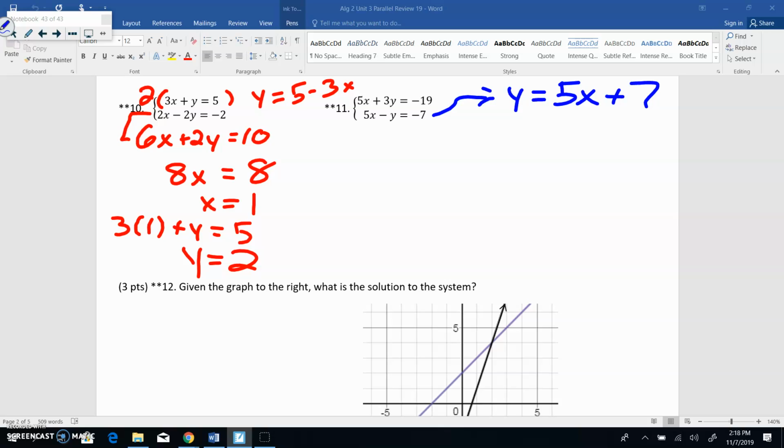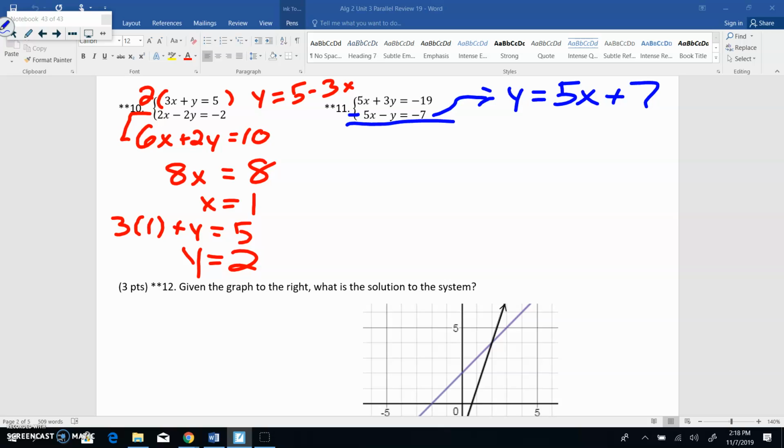Okay, in this case, I have two of the same numbers. I've got positive 5x, positive 5x. So I'm going to go ahead and subtract instead of add to create my opposites here. So 5x minus 5x, that is my 0x. Then I end up with 3y minus a negative y. Watch your signs. Minus a negative really means plus a positive.